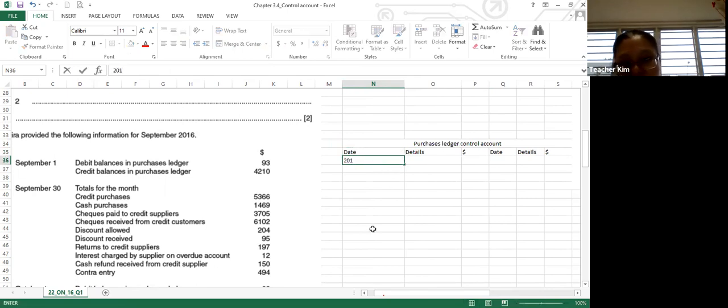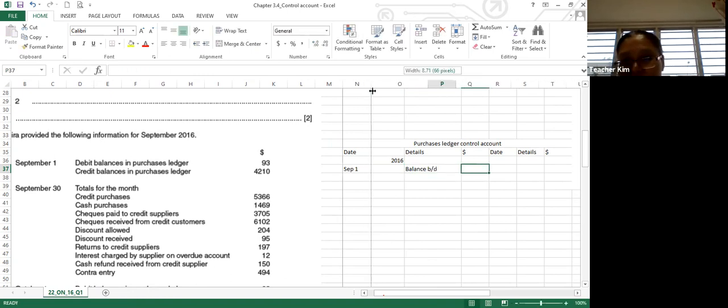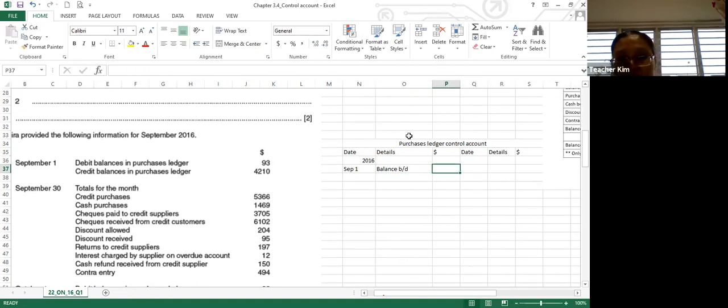Okay, 2016. Here they have the debit balance. September 1st, balance brought down, and the amount is 93.